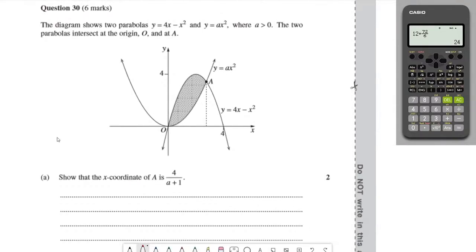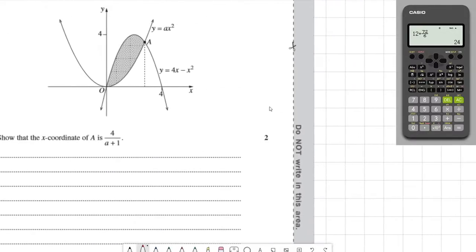Not a worry. Alright, the diagram shows two parabolas. y is equal to 4x minus x squared and y is equal to ax squared, where a is greater than 0. The two parabolas intersect at the origin, O, and at A. Show that the x-coordinate of A is 4 over a plus 1. So essentially we're showing where these things intersect.